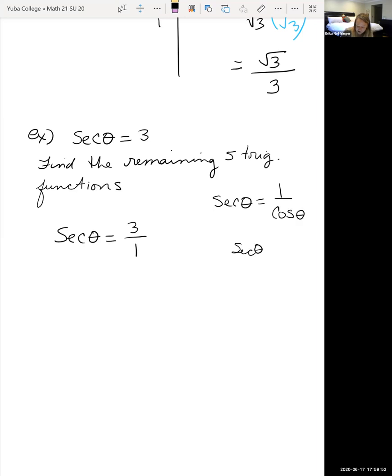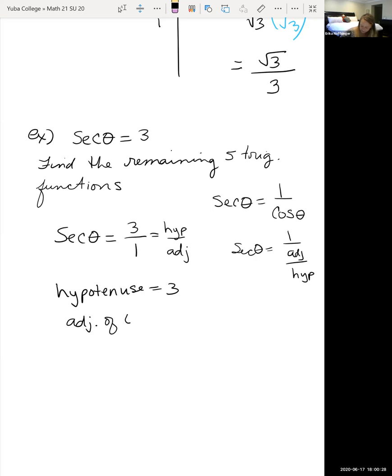And so this is 1 over cosine, so adjacent over hypotenuse. Flip it, so this is the same thing as hypotenuse over adjacent. And so knowing that, we know what 2 of the sides of our triangle are. So we know the hypotenuse is equal to 3. And we know that the adjacent side of our angle theta is 1.